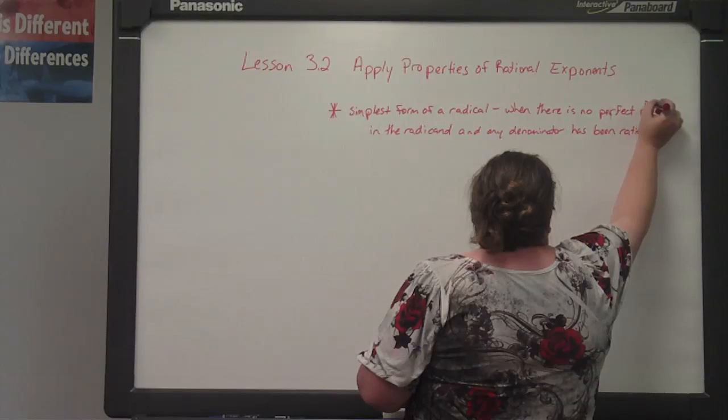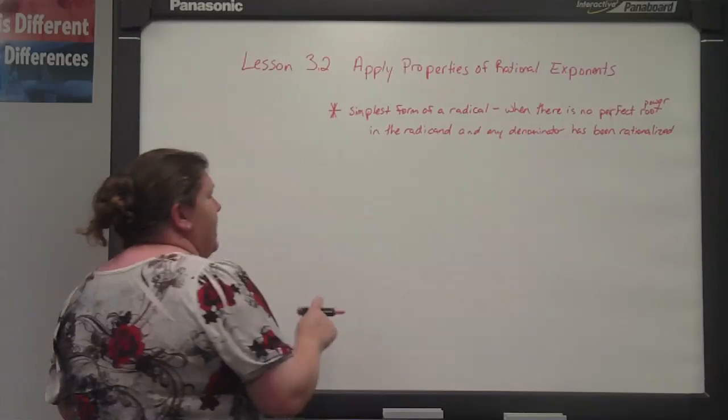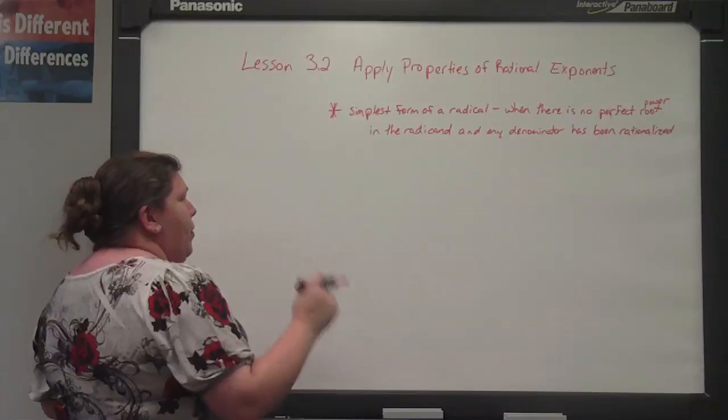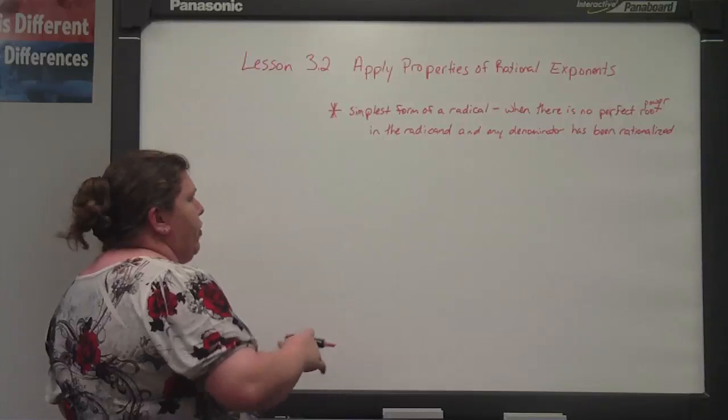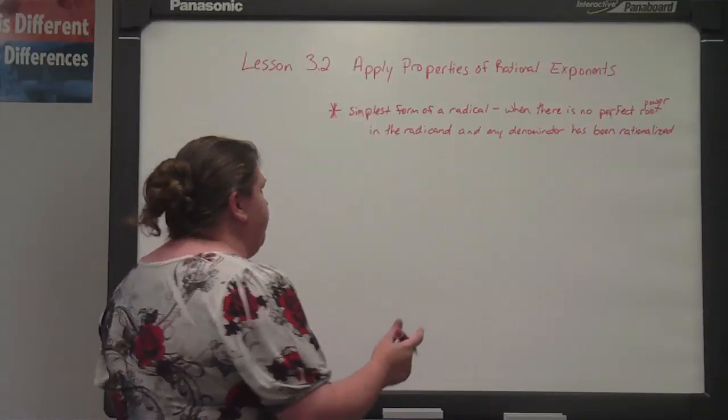Alright, that's what simplest form of a radical means. That means you've gotten every perfect square, perfect cube, or perfect sixth power out from the radical sign.